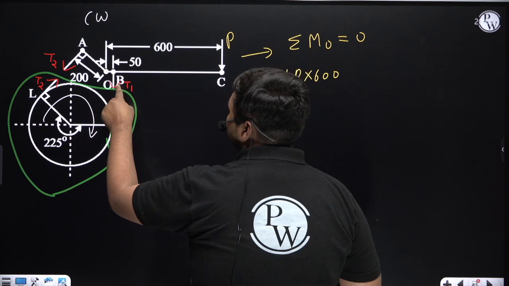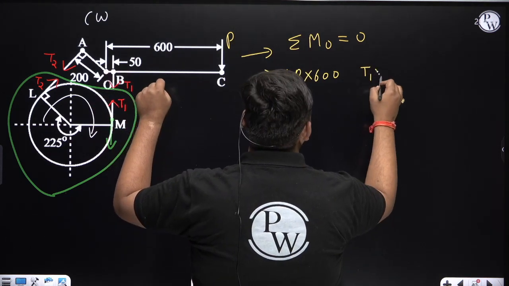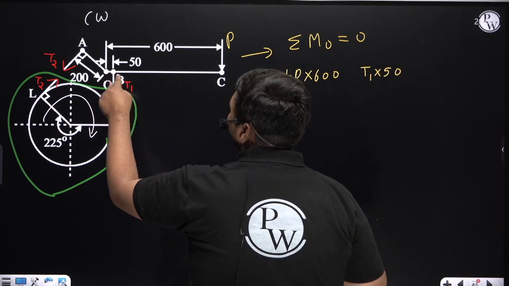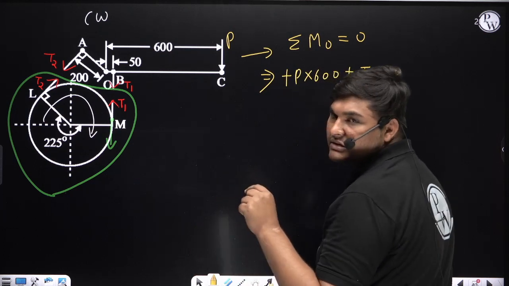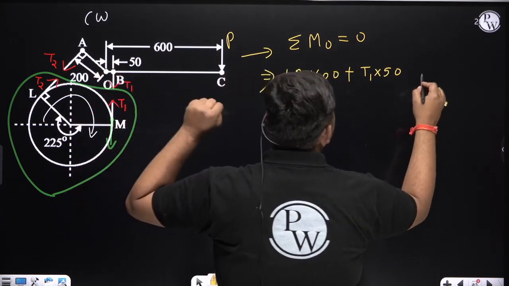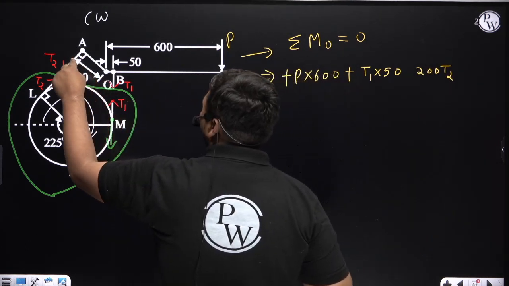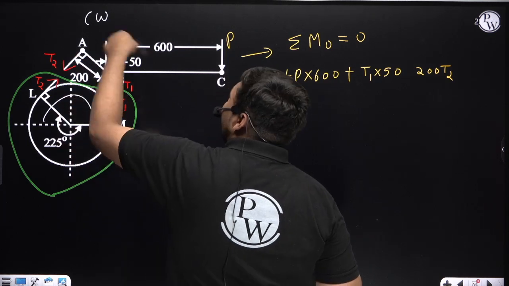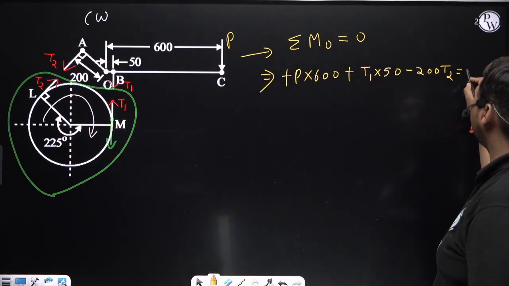Now this is tension T1, its distance from fulcrum O is 50, so its moment will be T1 into 50. The direction of moment due to tension T1 about O is clockwise, and I am taking clockwise as plus. Now this tension is T2, its perpendicular distance from fulcrum O is 200, so its moment about O will be 200 T2. The moment due to this tension T2 about O is anti-clockwise, so I will take it as minus. That is equal to 0.